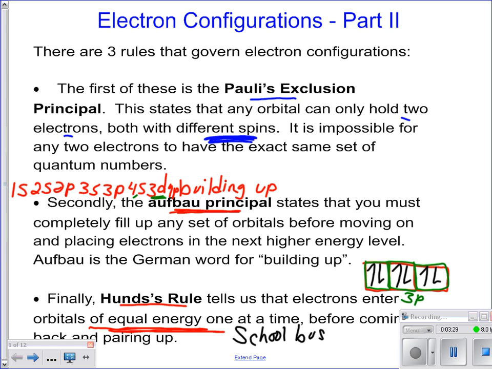It is not possible for within this orbital right here for both of them to be up arrows. Notice I do little cheater arrows. I do half arrows just because I'm lazy and it's hard to fit them in there. But those are just up-down arrows is all I've got. So according to Pauli's exclusion principle, it's not possible for 2 electrons within the same orbital to have the same spin. They have to have opposite spins, different spins. And there's only 2 possibilities, up or down, is how we represent those with arrows.